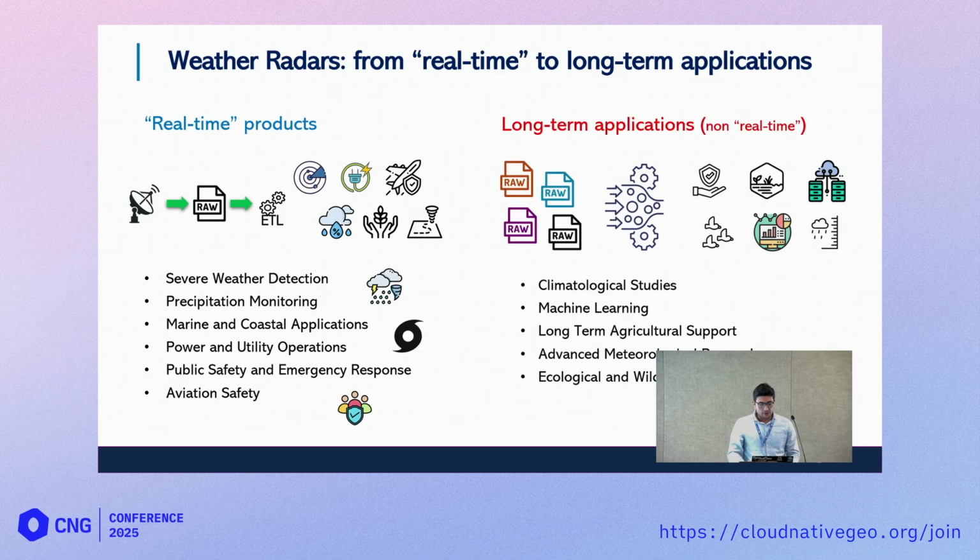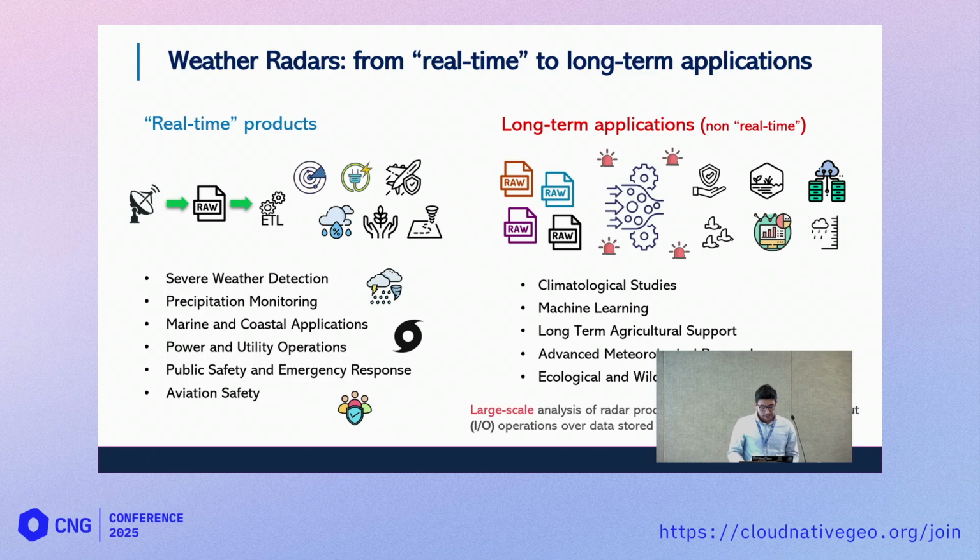But when we shift to long-term applications, things get more complicated. It's no longer about creating instant products, but about analyzing years or even decades of data. This is ideal for climatological studies and machine learning. All of us want to do machine learning on huge datasets.